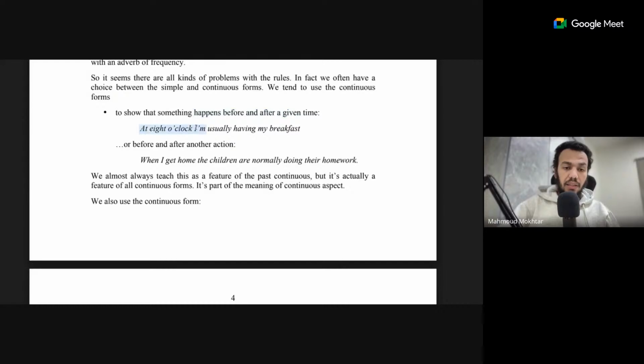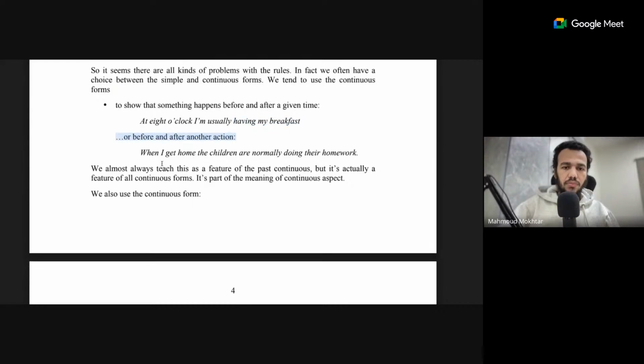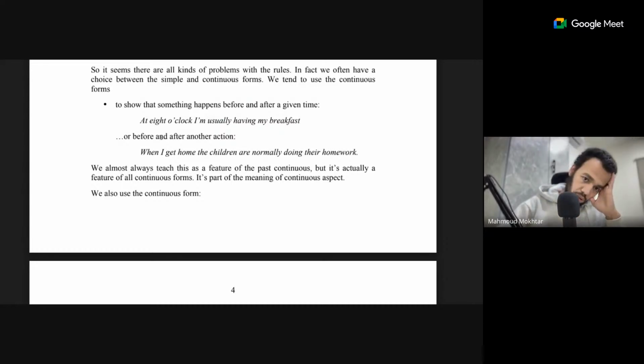At 8 o'clock, I'm usually having my breakfast, or before and after another action. Okay, so we use continuous to show that something happens before or after a given time. At 8 o'clock, I'm usually having my breakfast, or before or after another action.